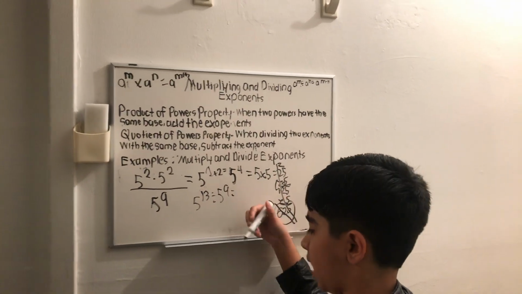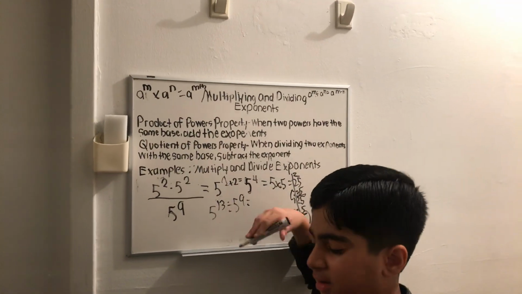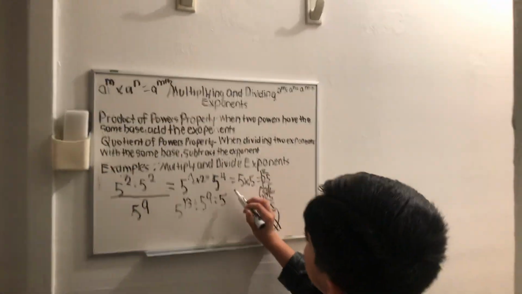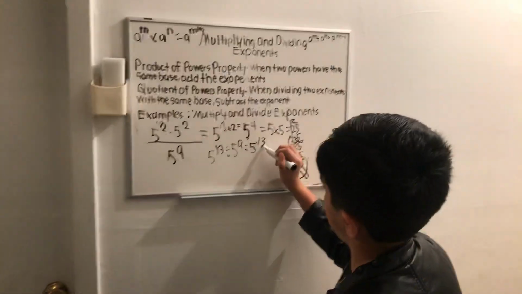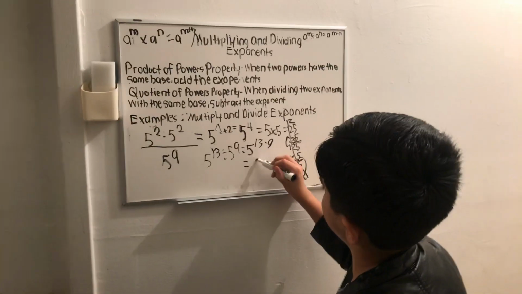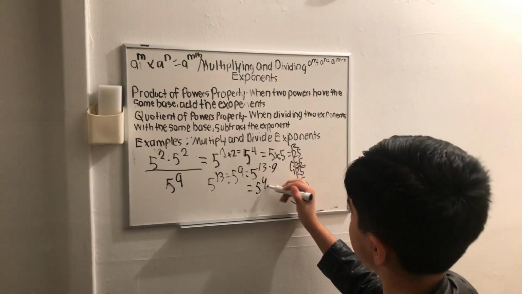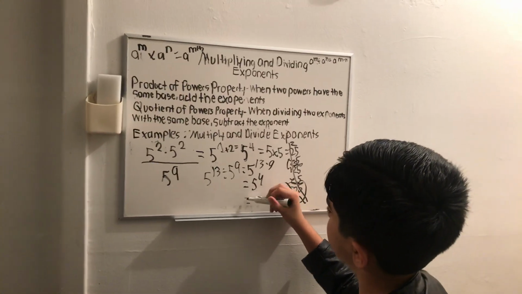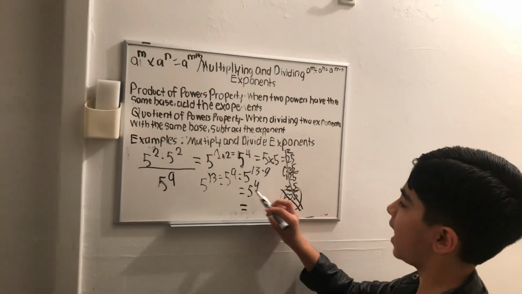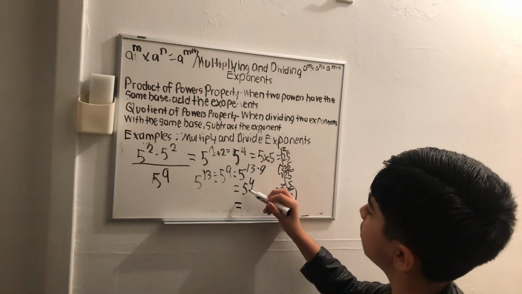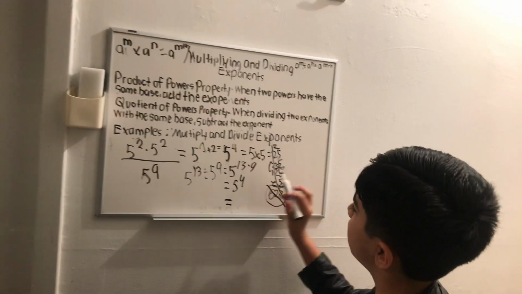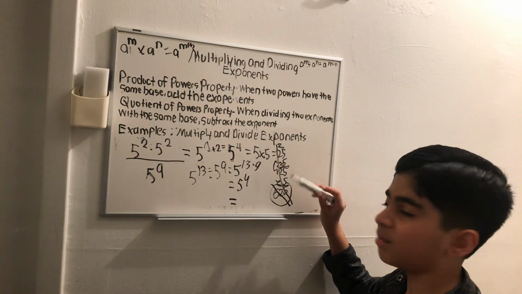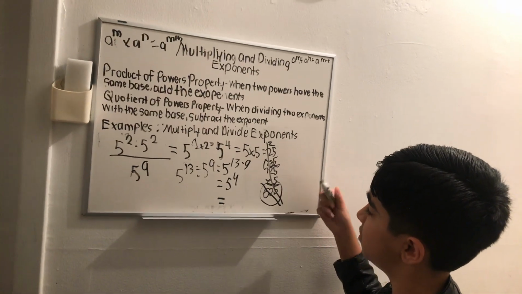As in every case for dividing, you subtract the exponents, so you do 13 minus 9, and 13 minus 9 is 4. As I said, we're going to incorporate it into our last answer, 5 to the power of 4. I already did that. 5 times 5 is 25. 25 times 5 is 125, and 125 times 5 is 625.